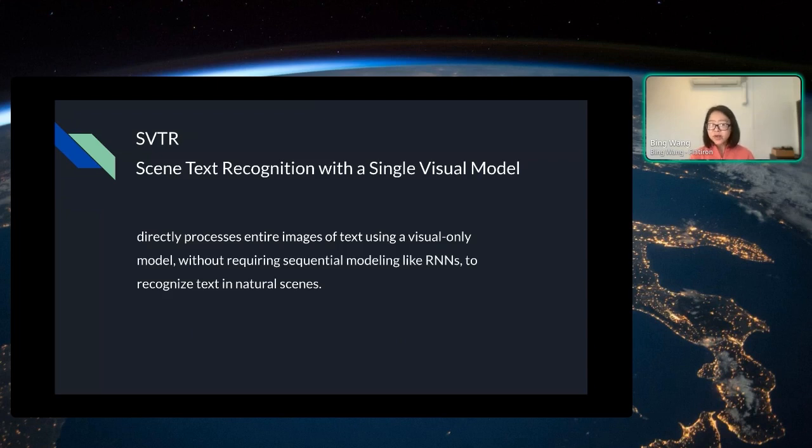I have a very good article detailing the reason why they switched from CRNN to SVTR. I'll give you a very quick summarization. There are two major reasons. The first is that with CRNN, the CNN does a very good job capturing local patterns of an image, and then the RNN does a great job capturing the global patterns.